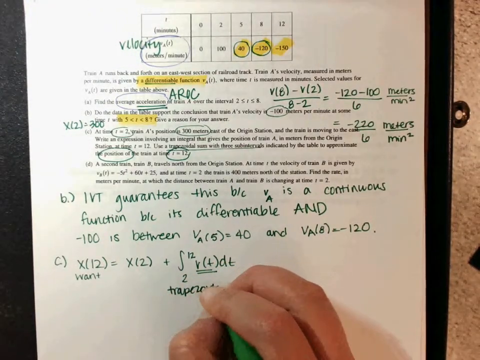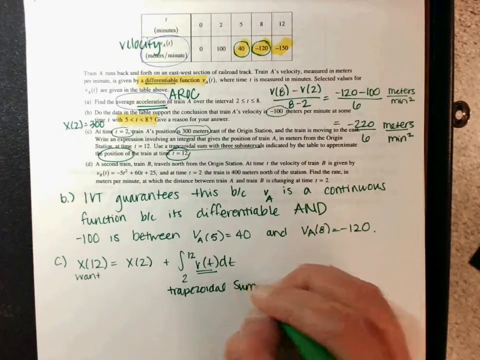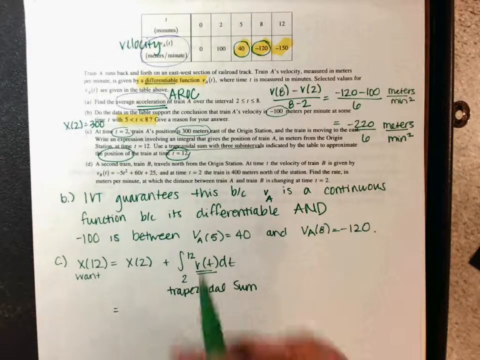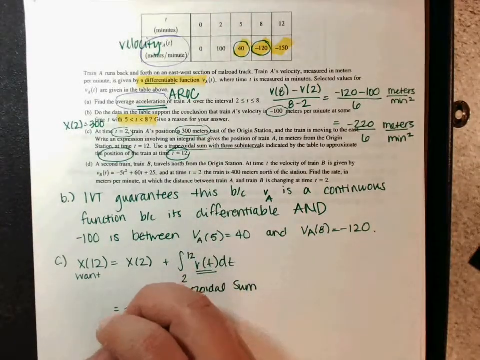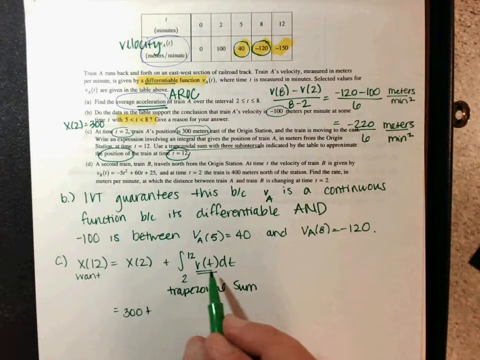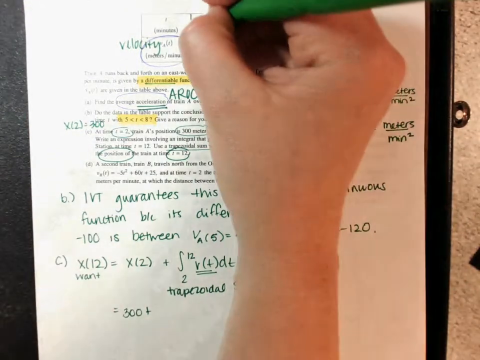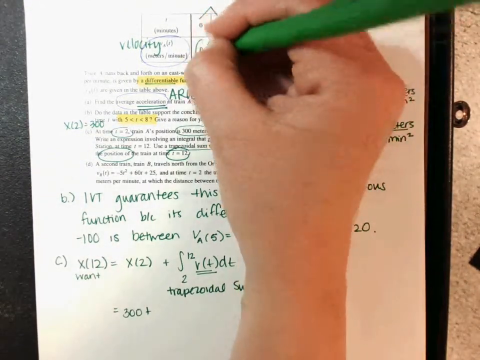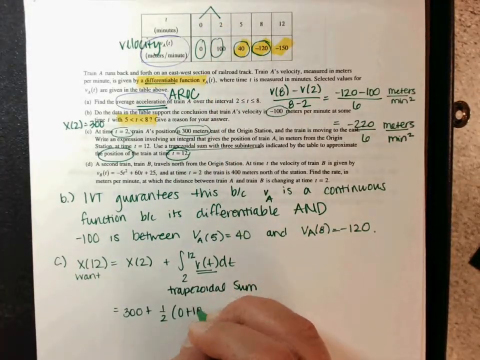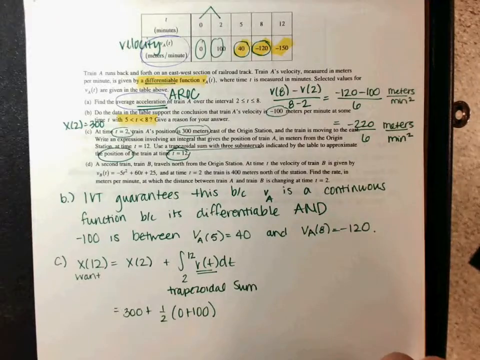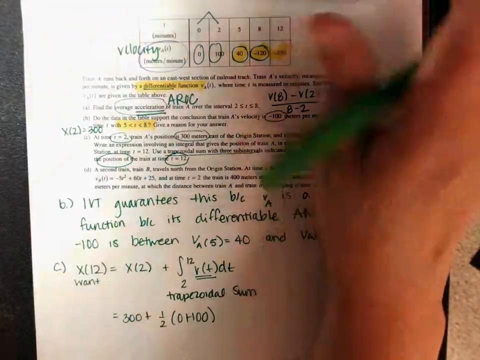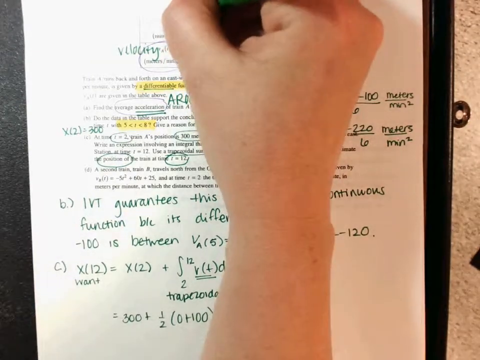Okay? Trapezoidal sum. So let's rewrite. X of 2 we know is 300 because they gave me that. Plus, and then in here I'm doing a little bit of trap rule. So remember how that goes. You're going to do 1/2. You're going to add the y values. So 0 plus 100. Then you're going to multiply by the distance or the delta x between them. So if I went from 0 to 2, my delta x is 2.